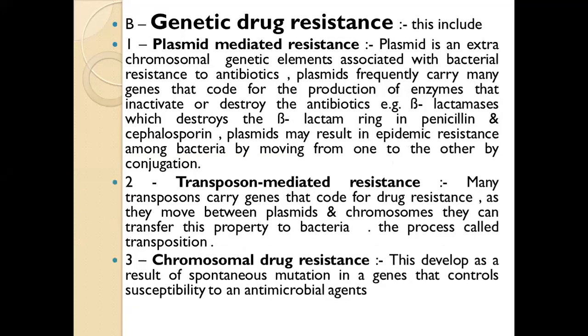Now we study genetic drug resistance. This occurs due to three important mechanisms. The first is plasmid-mediated resistance. The plasmid is an extrachromosomal genetic element and can be divided into two main types: fertility plasmid and resistance plasmid.